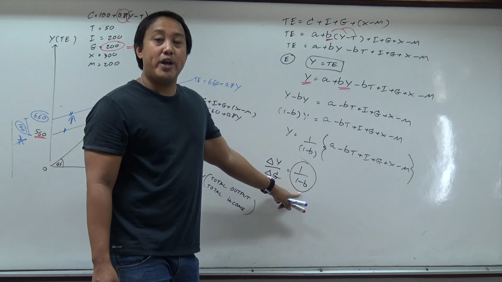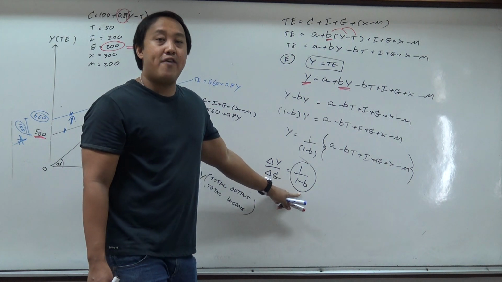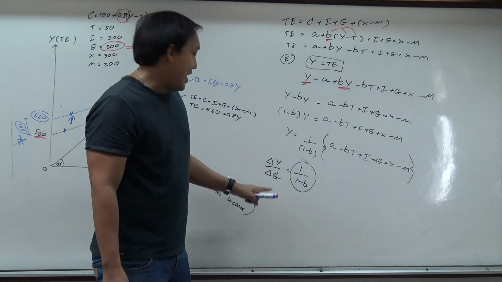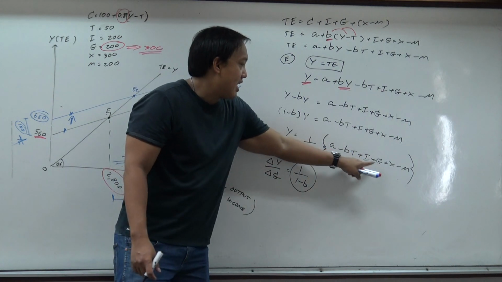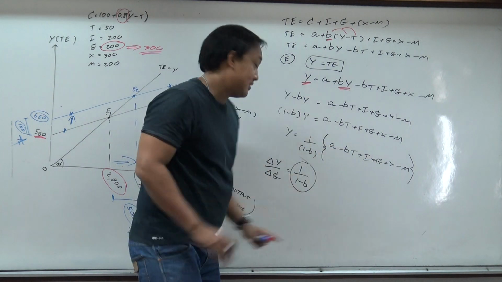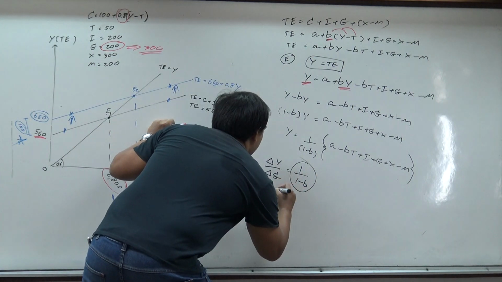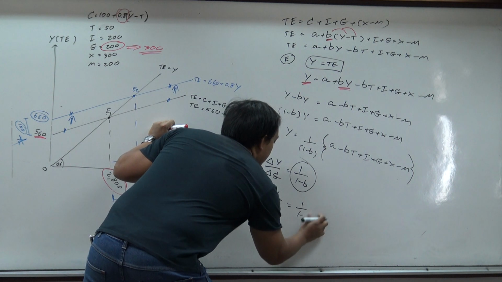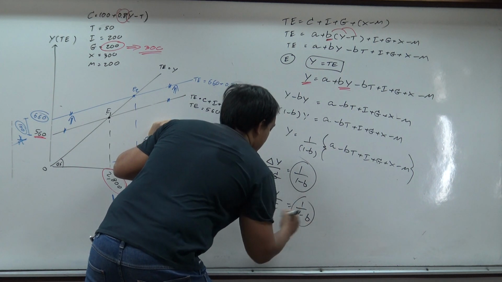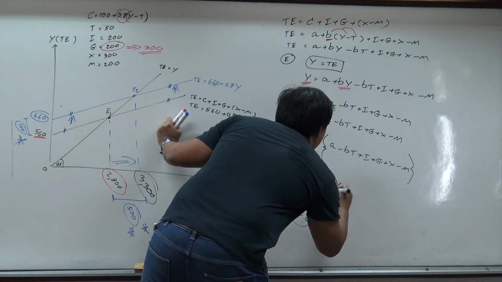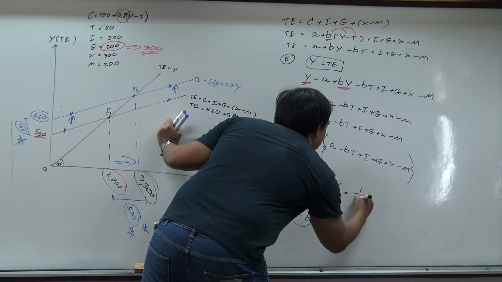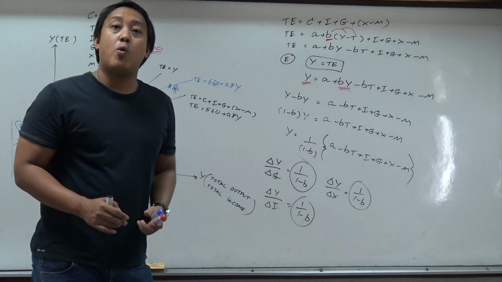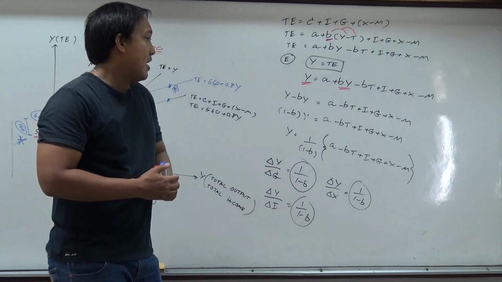We can find the multiplier effect of G, I, X the same way: delta Y over delta I, delta Y over delta X. Same, 1 over 1 minus B.